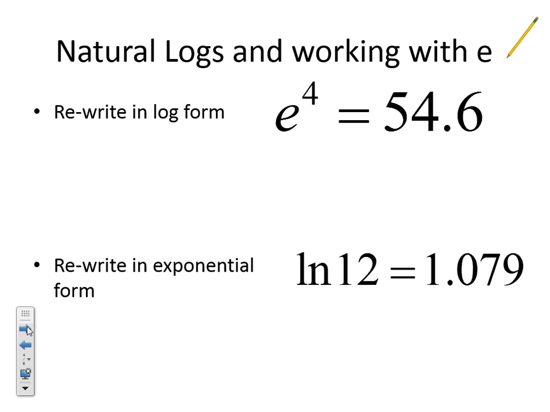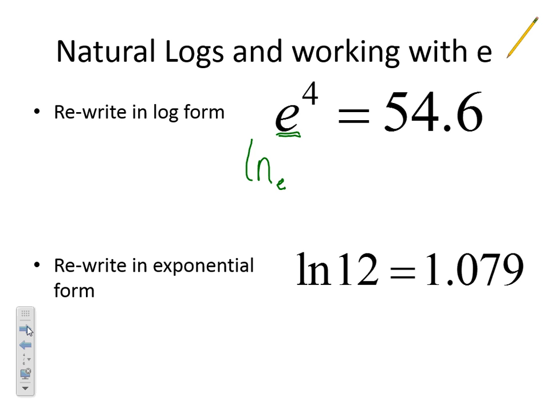We can work with natural logs and e just like we work with any other base or log. So we can rewrite things in log form. Like this first example you need to get in your notes, we have e to the 4th equals 54.6. If I was going to rewrite that in log form, for this I would write the natural log. Because the base is e, there's a little e that's assumed to be there.